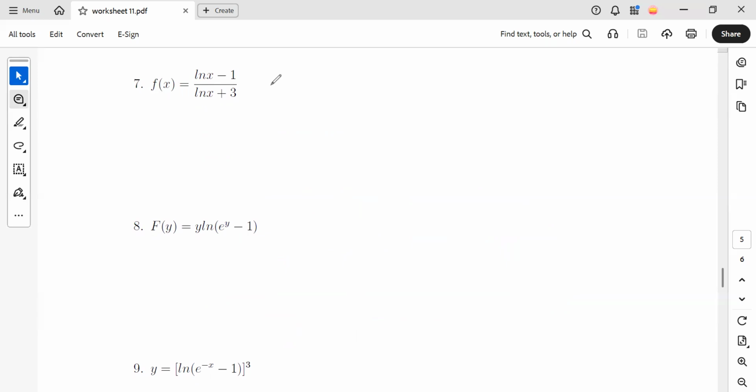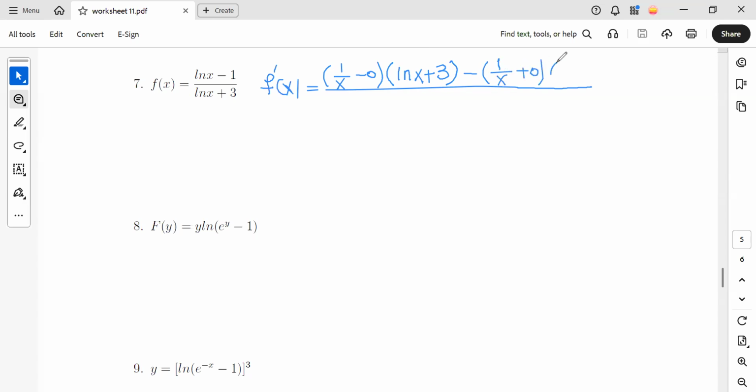So we would write it as f prime of x equals the derivative of the top, which is 1 over x minus 0, multiplied by the denominator ln x plus 3, minus the derivative of the denominator, which is 1 over x plus 0, times the numerator, which is ln of x minus 1.